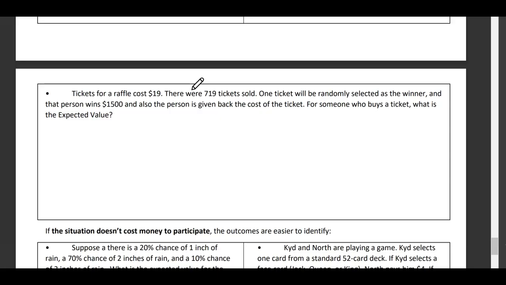So in this case, tickets for a raffle cost $19. There were 719 tickets sold. One ticket randomly selected, the person wins $1,500 and given their ticket cost back. For someone who buys a ticket, what is the expected value?